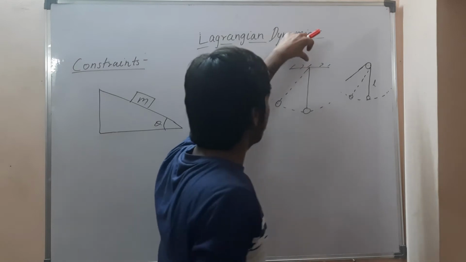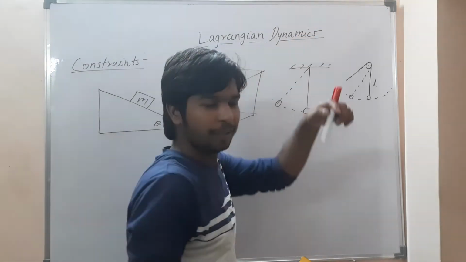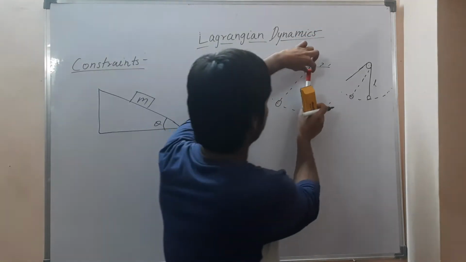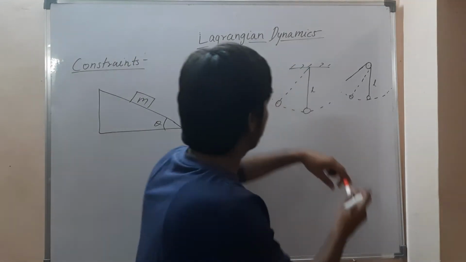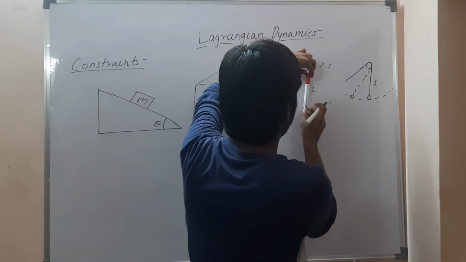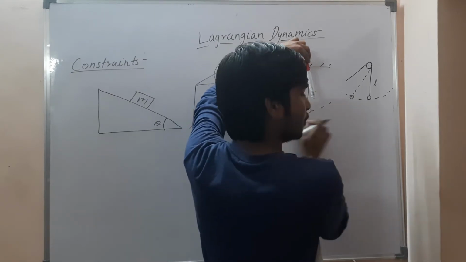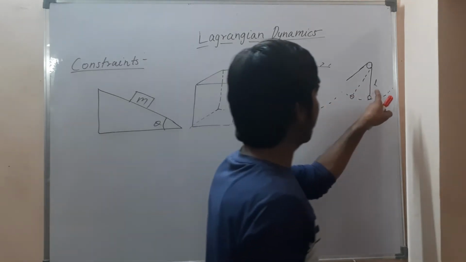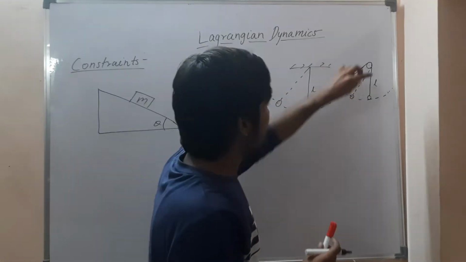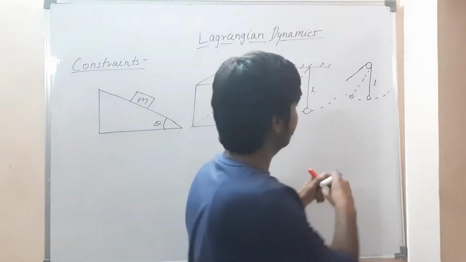In this one, we are fixing the length L here. This is L, and this is fixed, so the ball is moving along a specified path. But in this one, I am taking a rope, and through this pulley I can increase the length L if I want.